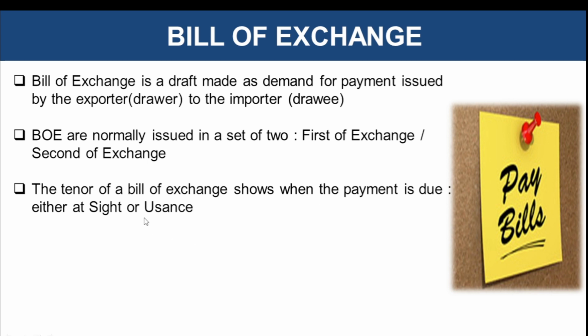It can be either at sight or usance. I have already discussed sight bill and usance bill in my previous video. Again, I am repeating that sight or usance bill you can understand in a simple way as cash or credit. When you go to buy something, you just buy that good and make a cash payment. That is sight payment.